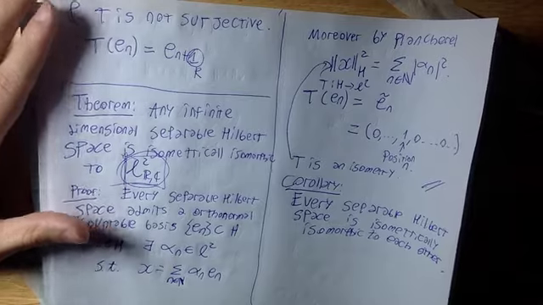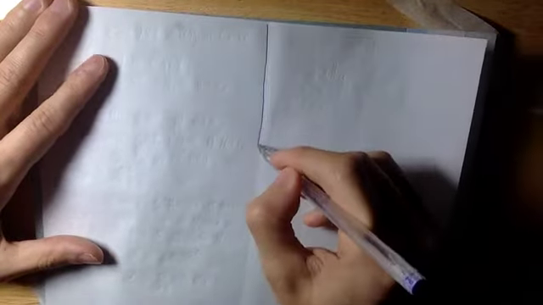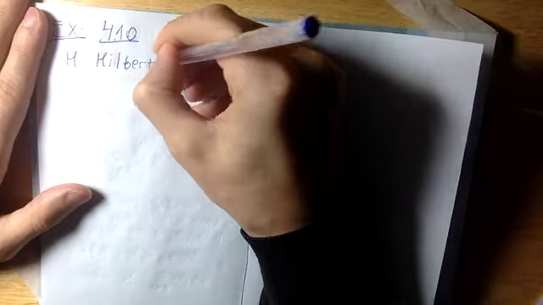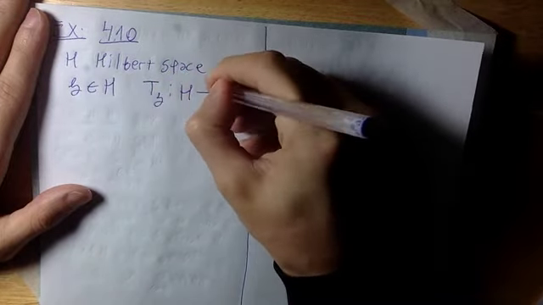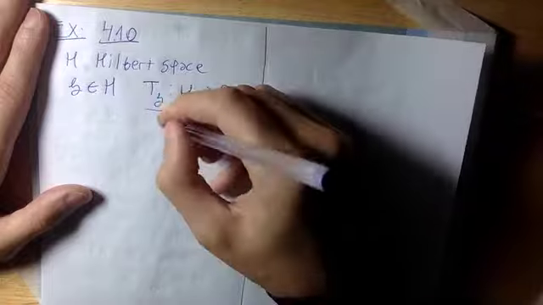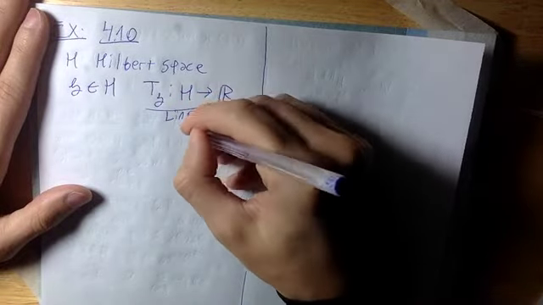Okay, finally, I just wanted to do an exercise, being that we're in the exercise mood. So let's look at exercise 4.10. So let's take H a Hilbert space, and we consider a vector y in H, and we consider the linear operator Ty that is going from H to R. Okay, so this is a linear functional.